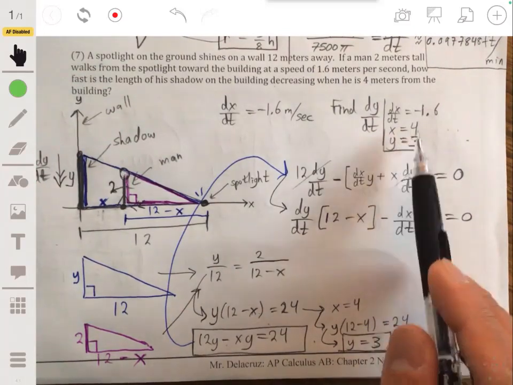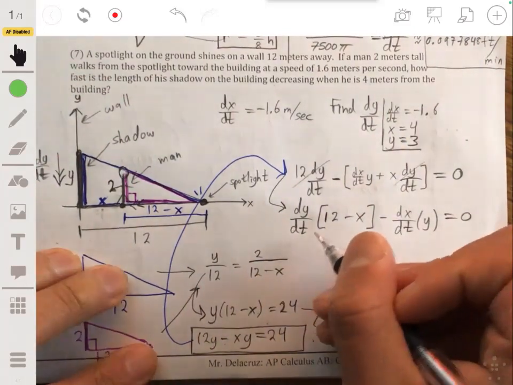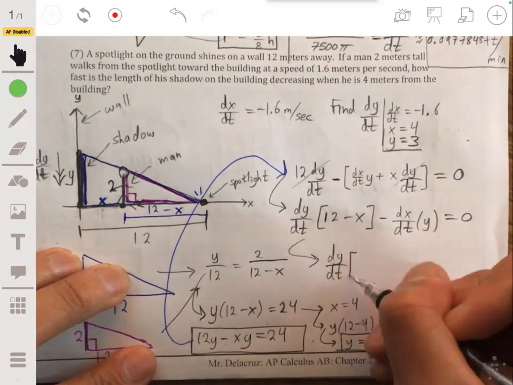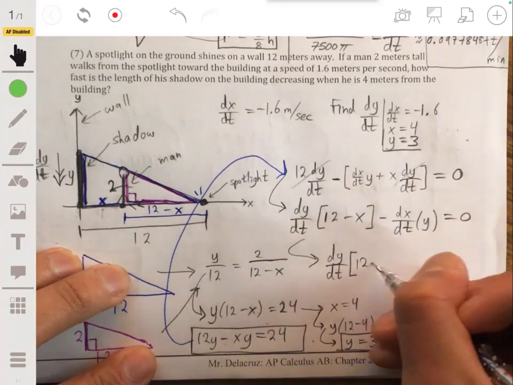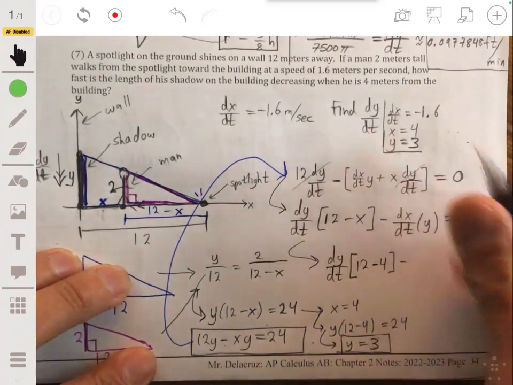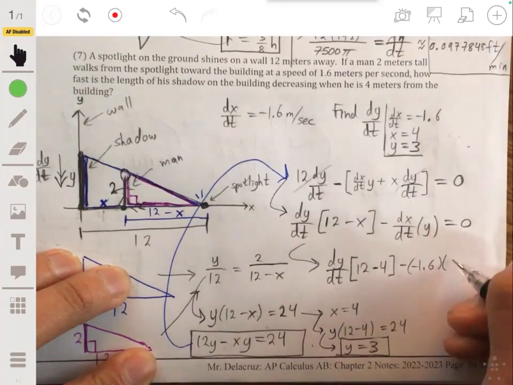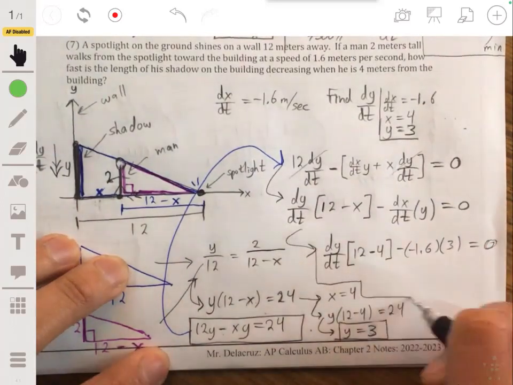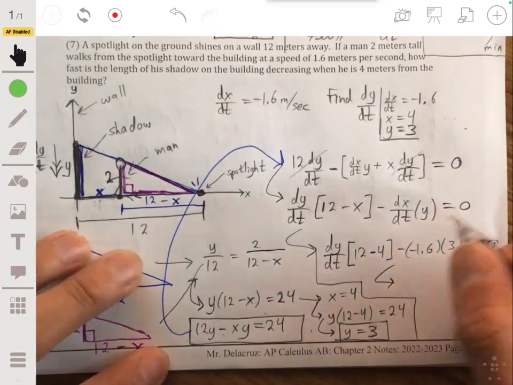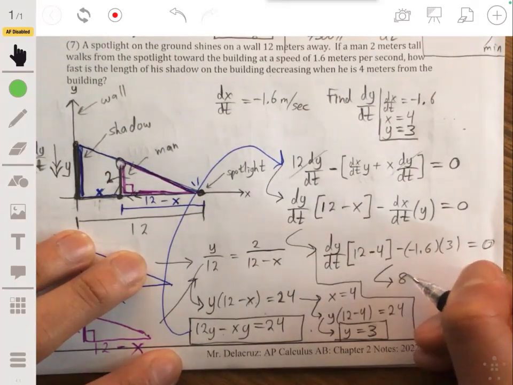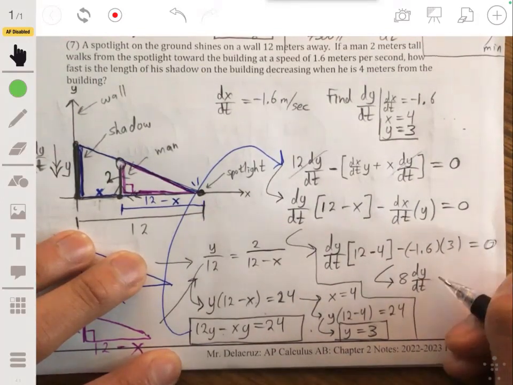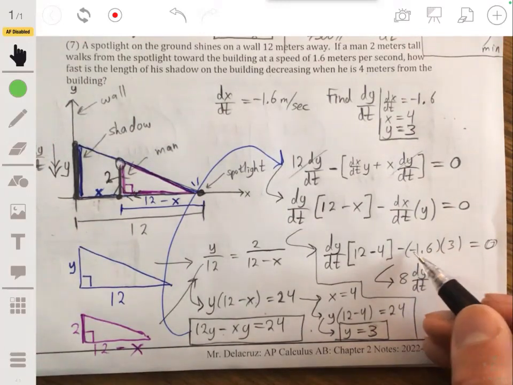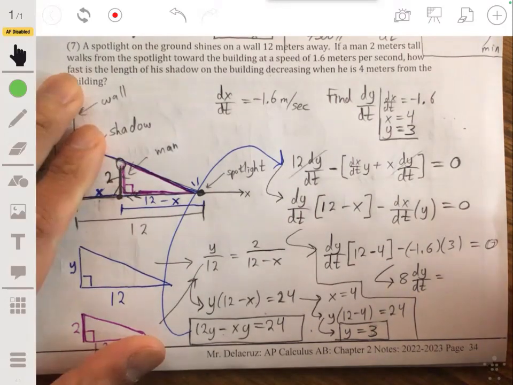Now let's plug in our values for x, y, and dx/dt. So keeping it going, we'll get dy/dt times (12 minus 4) minus negative 1.6 times 3 equals 0. So we got 8 dy/dt. This will be a negative 4.8, adding it, so positive 4.8 on the right.